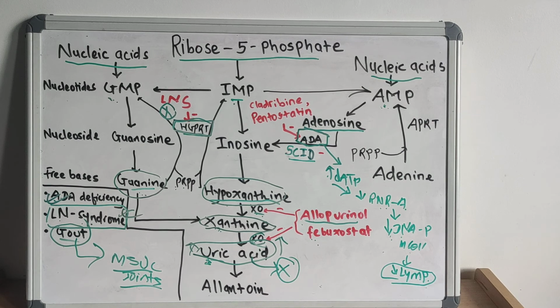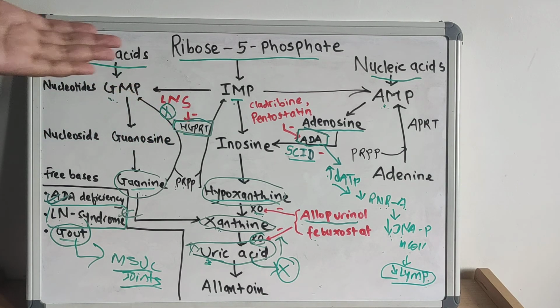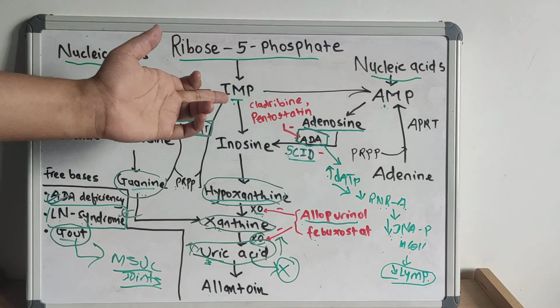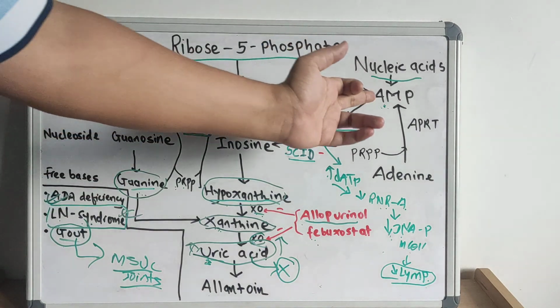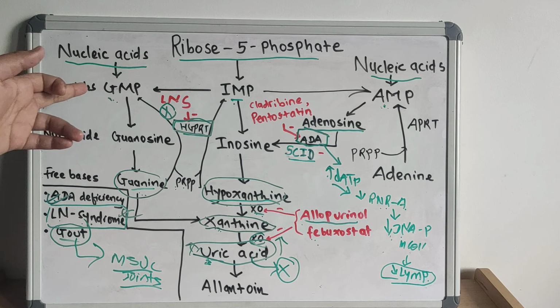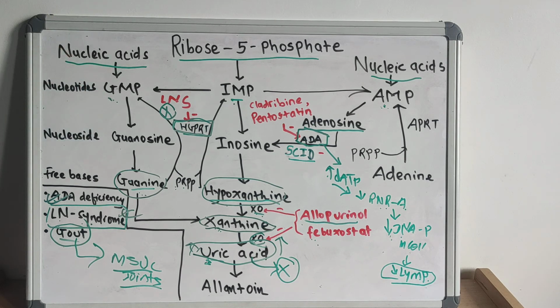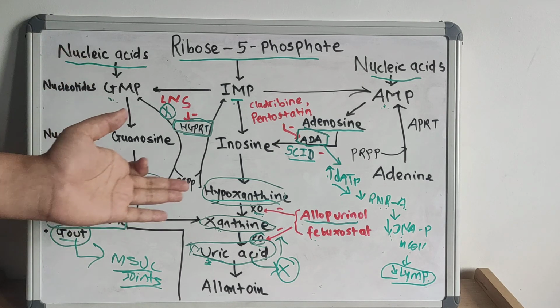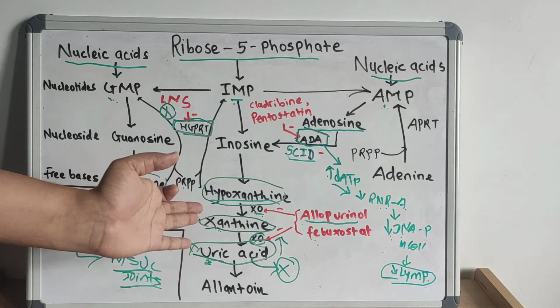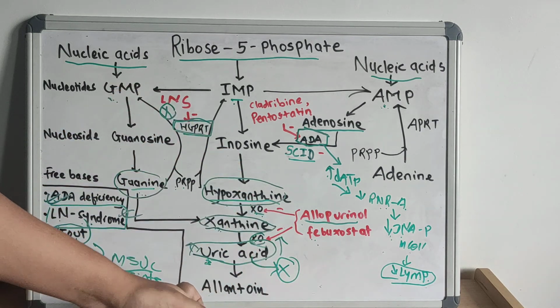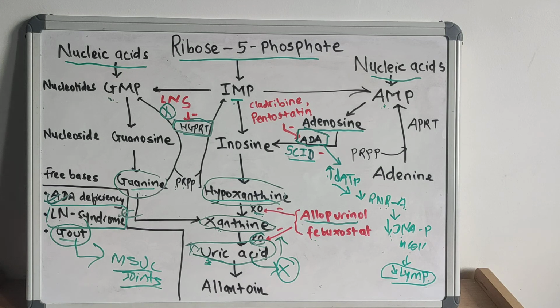So we have discussed the degradation of inosine monophosphate, adenosine monophosphate and guanosine monophosphate. Ultimately they change into uric acid and are excreted, or they can be changed to allantoin.